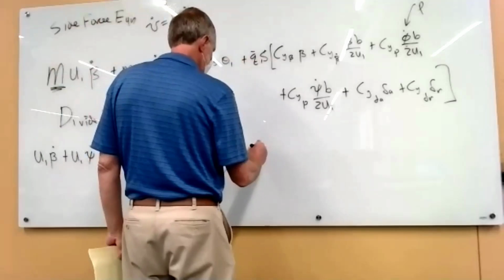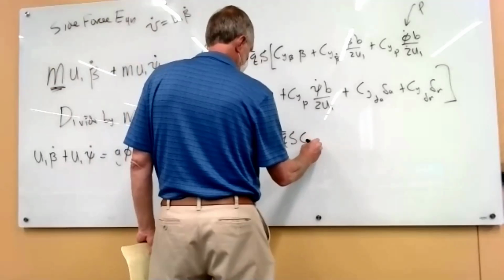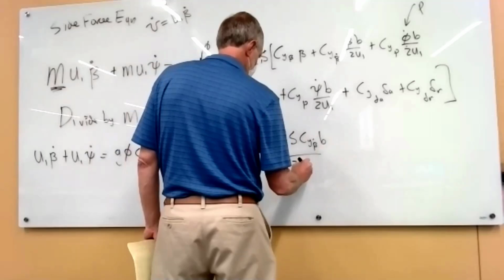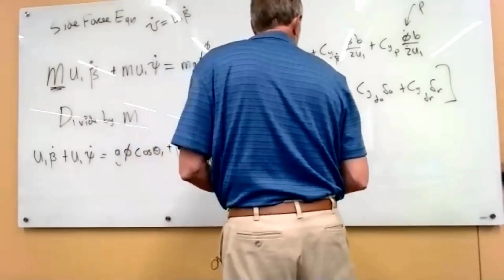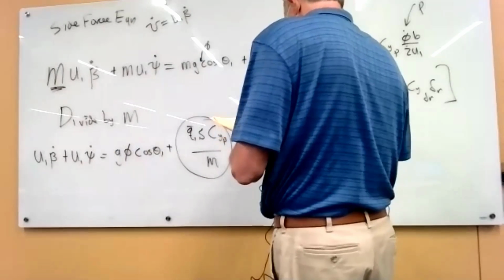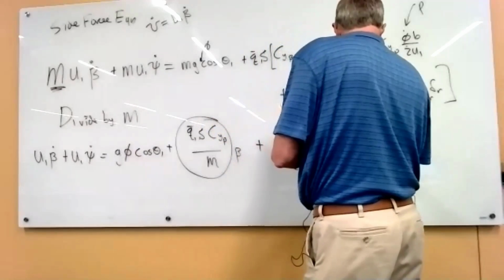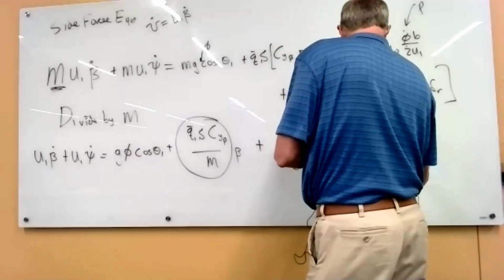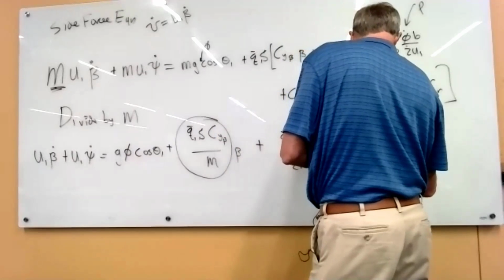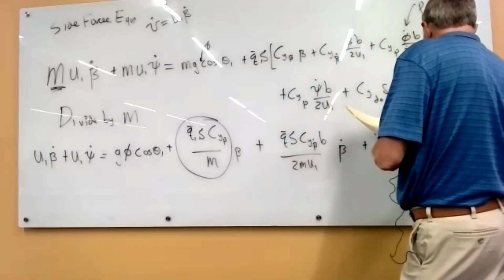Multiplied times beta. And then here's all the stuff that multiplies beta dot. Here's all the stuff that multiplies phi dot.